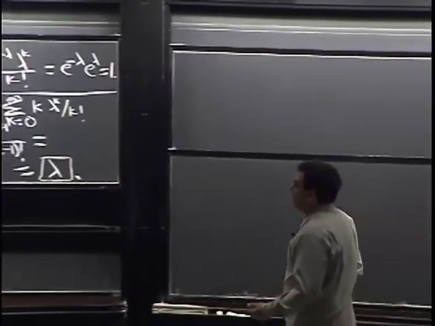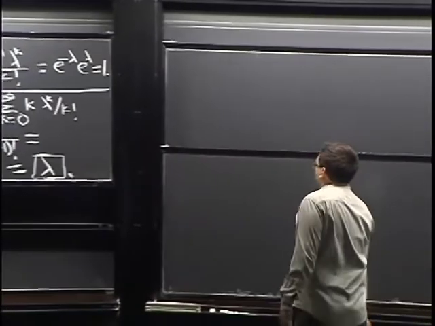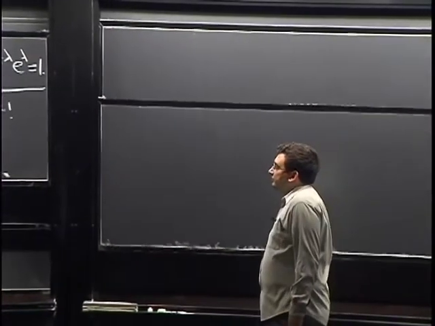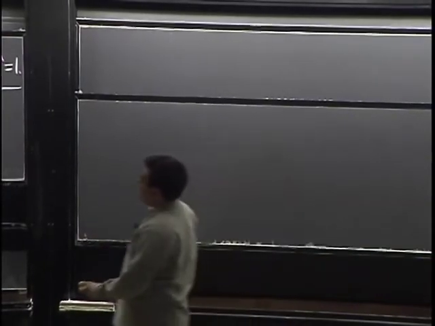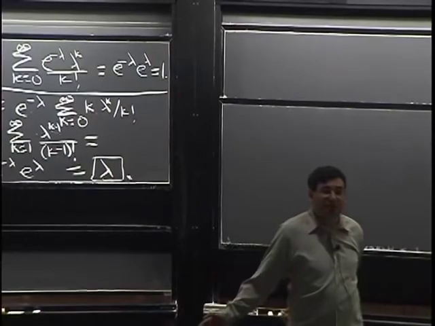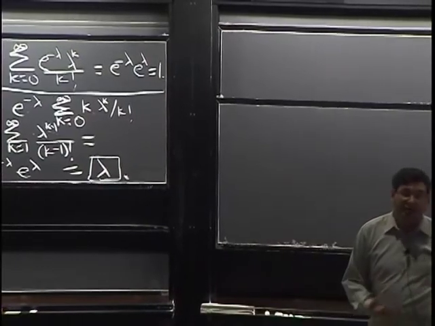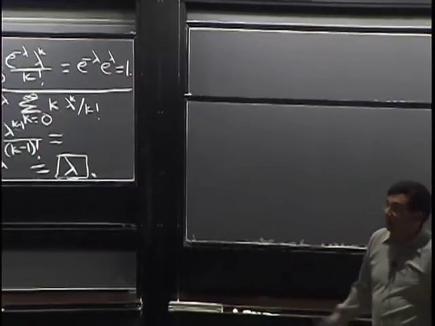Now, why do we care about the Poisson, though? So let me just mention a few examples where the Poisson is used. In practice, it's the single most widely used distribution as a model for discrete data in the real world.